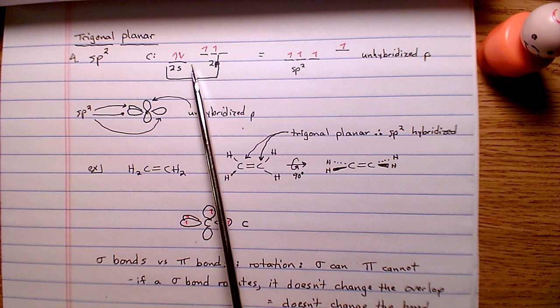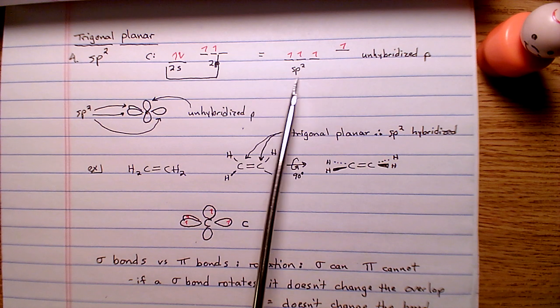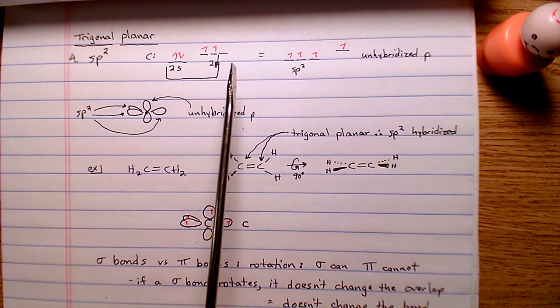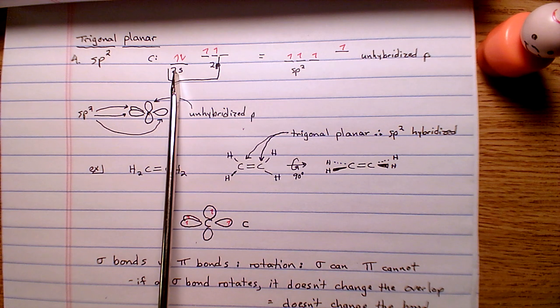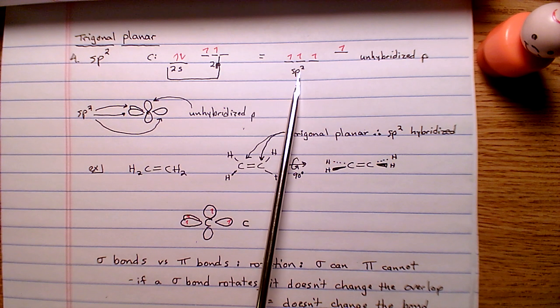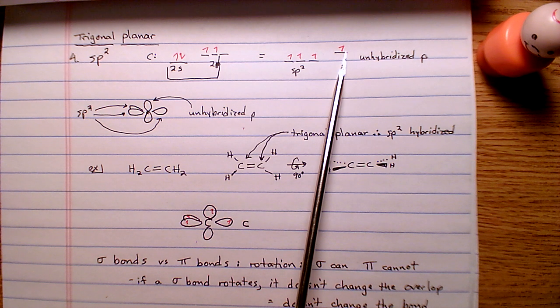Just hybridize the s orbital with 2 of these p orbitals, and you end up with sp2 hybrid orbitals, 3 of them. Yes, 3 orbitals, 1 s and two p's together make three sp2 hybridized orbitals that are all at the same energy, and we have the unhybridized p.